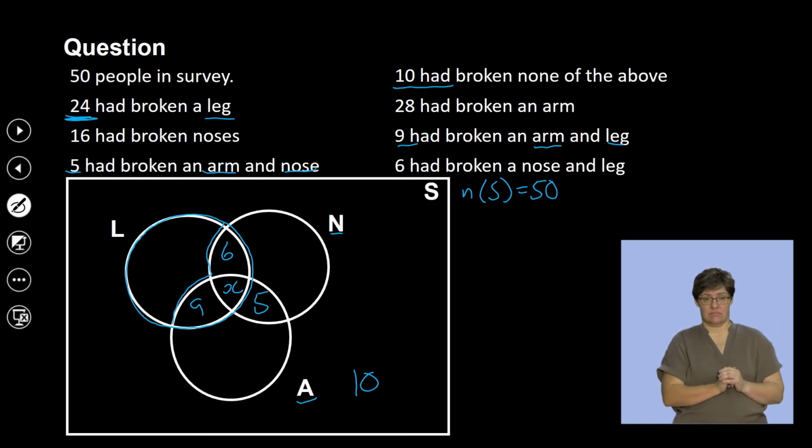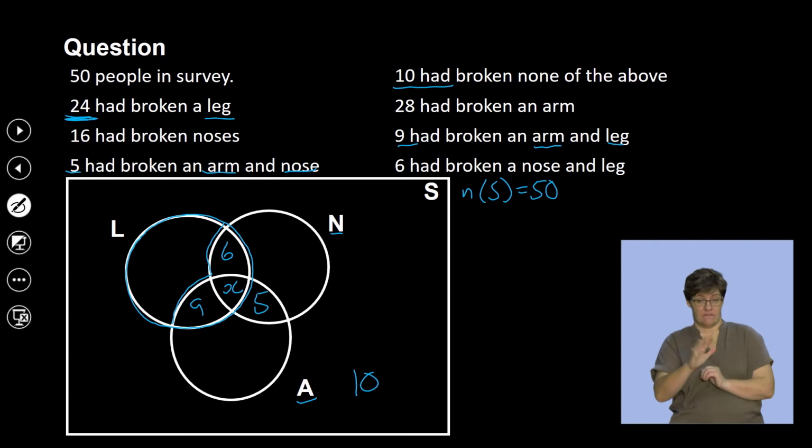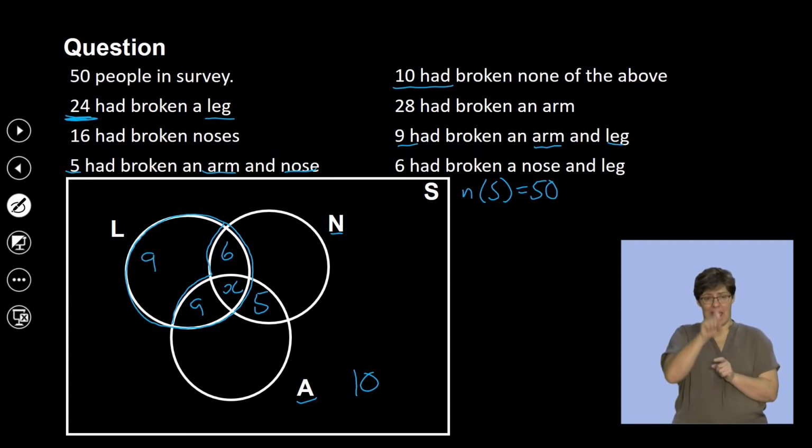We have got to recognize all of this adds to 24. But notice that what we've got here is 15 have already been accounted for. So if we take 24 minus 15, that will give us 9 left over. But we've also got to take away the x. So I'm going to say that's 9 minus x for the leg.